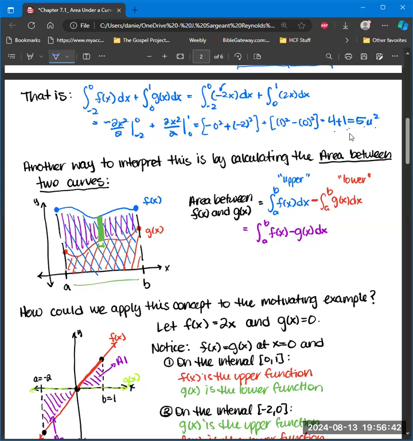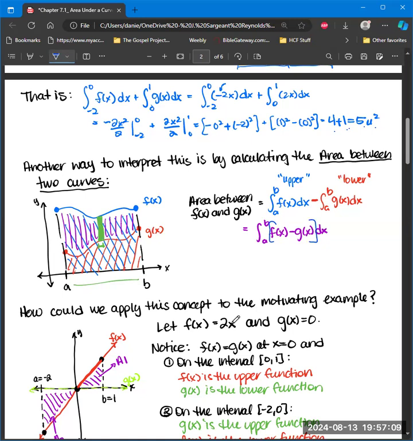So the upper function is f of x, the bigger y values, minus g of x, the lower function, which gives the smaller y values. We take one integral from a to b of the difference of those y values, dx.